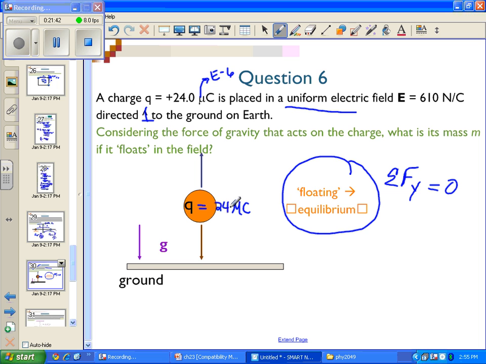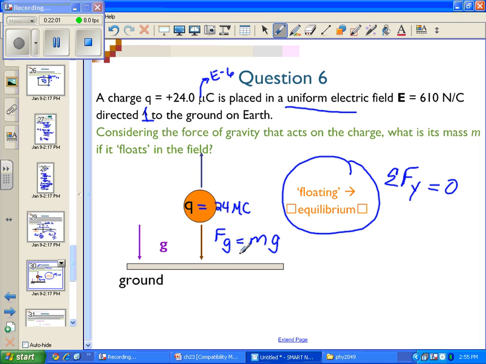Now let's notice that the gravitational field is directed downward as it always is. And of course the force of gravity on this charge is equal to mg, downward.